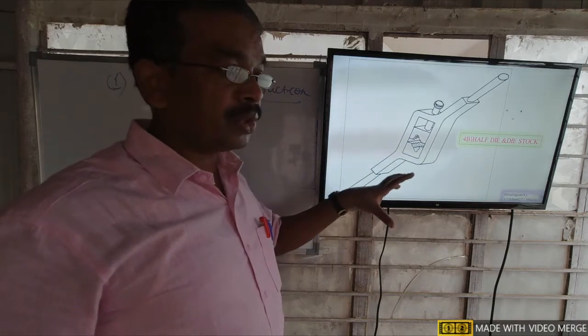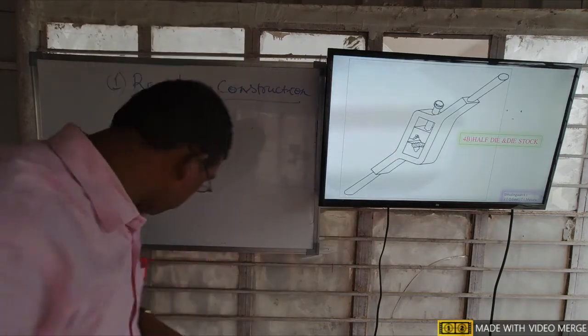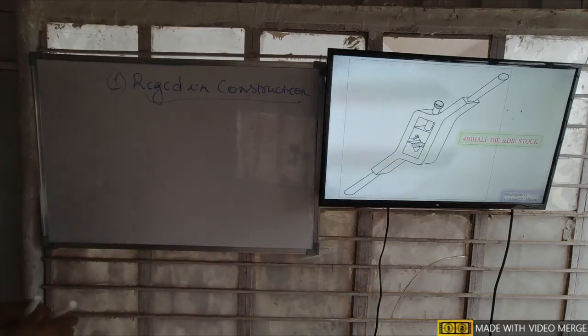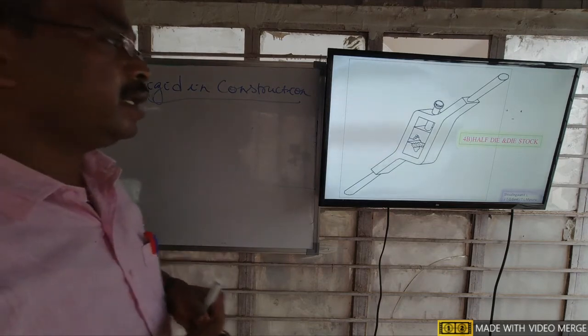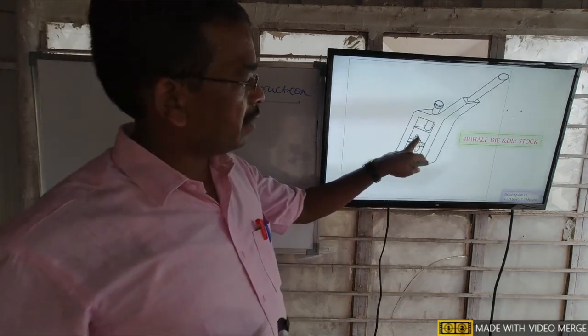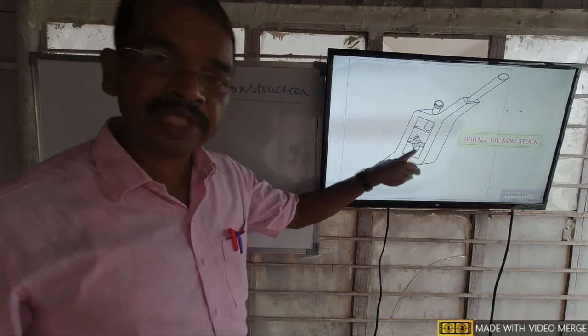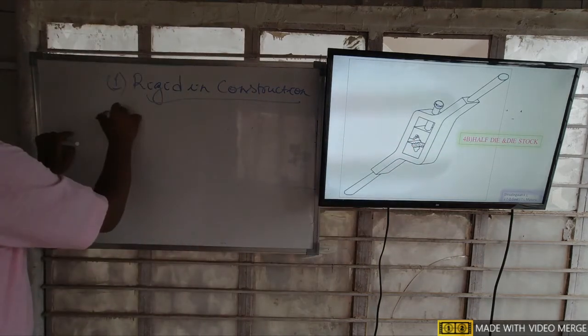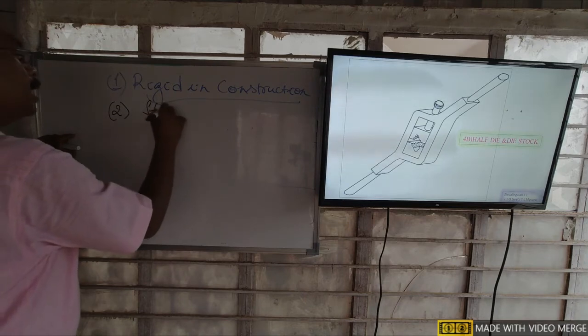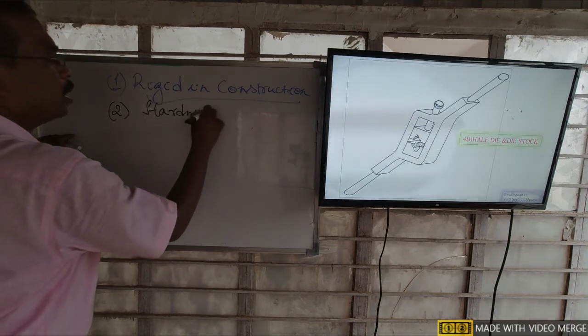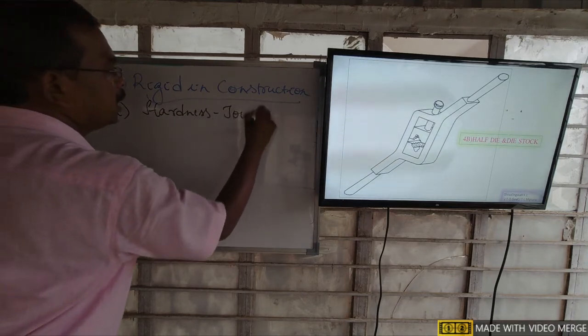Therefore, it can be used to form very good surface thread. And the threads having the helical ridges inside are also hardened and tempered to increase the hardness and toughness of these threads.